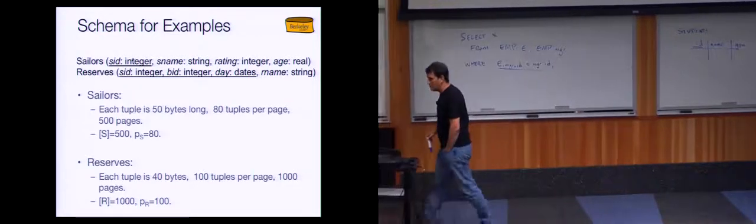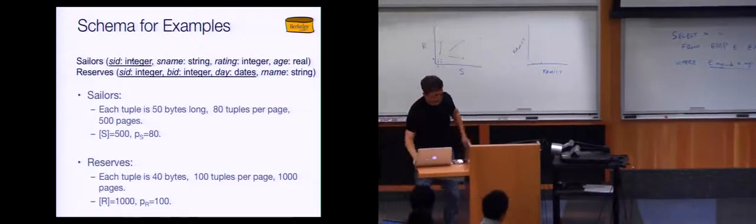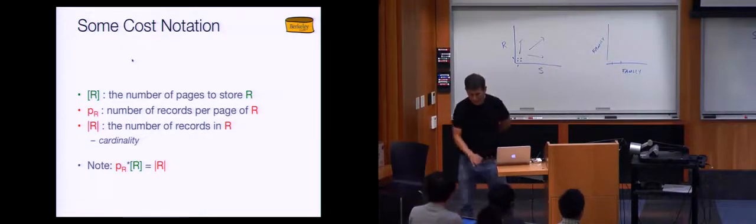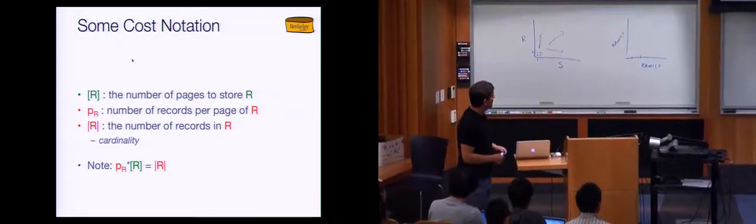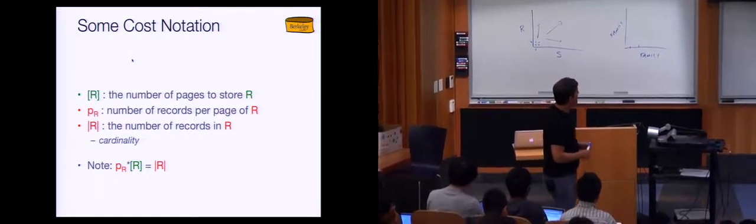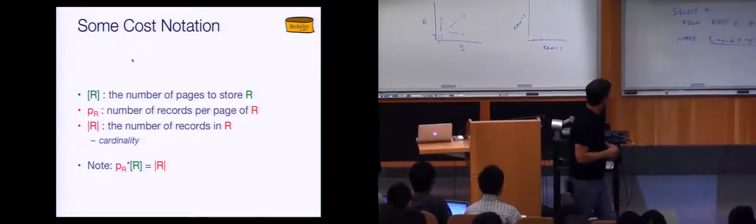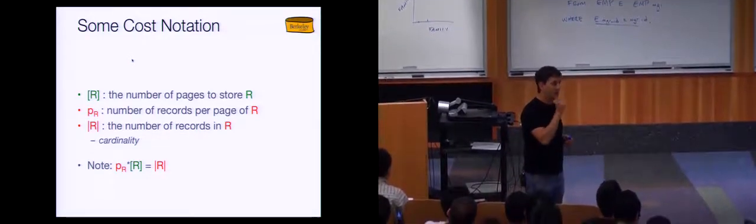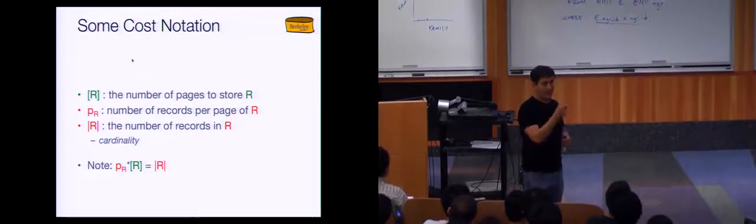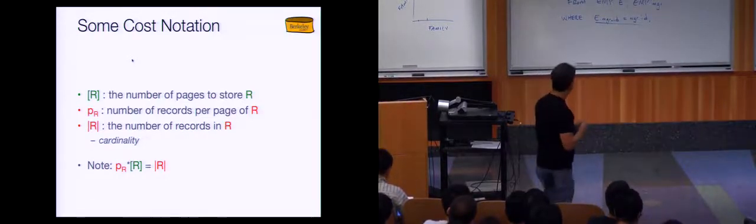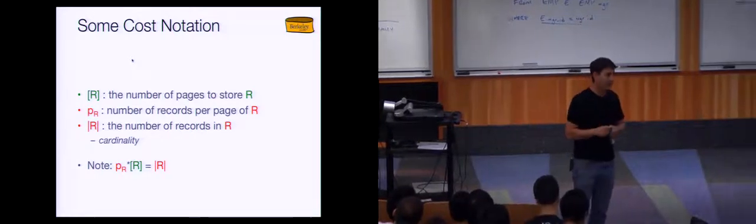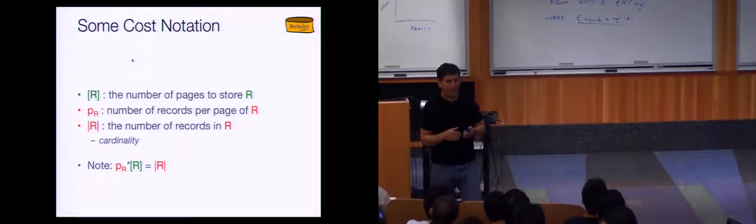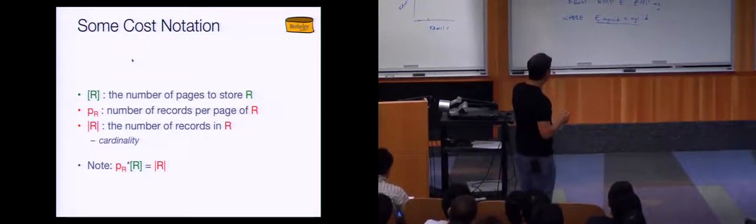I introduced this notation somewhere. There's that notation. We already did it, but let me show it to you and then we'll go back. The notation we're going to use, brackets around a relation name, is the number of pages used to store that relation, where a page is the unit of transfer from disk, the I/O transfer unit. In the examples in the book, that's 4 kilobytes. Typically today you'd configure it more like 64 kilobytes, but that's a minor detail.